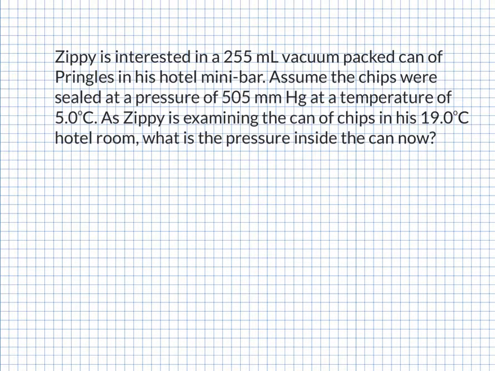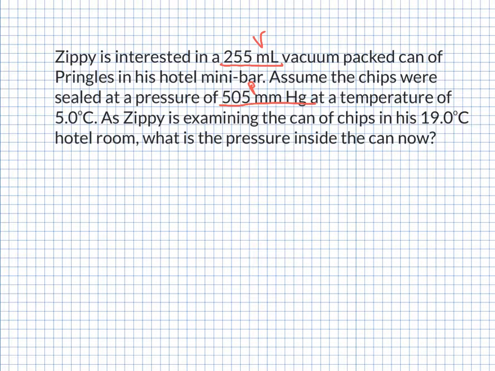Okay, so here's our practice problem. Zippy again. He's interested in a 255 milliliter vacuum packed can of Pringles in his hotel minibar. That's a volume, so let's just mark that. Assume the chips were sealed at a pressure of 505 millimeters of mercury.